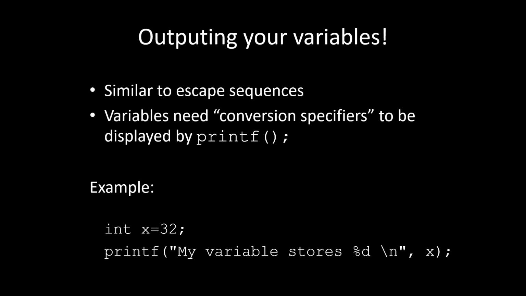Okay, for outputting variables of different types, like I said, you'll probably run into printf at some point in your career if you're doing any kind of C or C++ development. Even if you're using C++, you're going to find somebody using printfs at some point. To display variables inside your output strings, you have to use something called a conversion specifier.